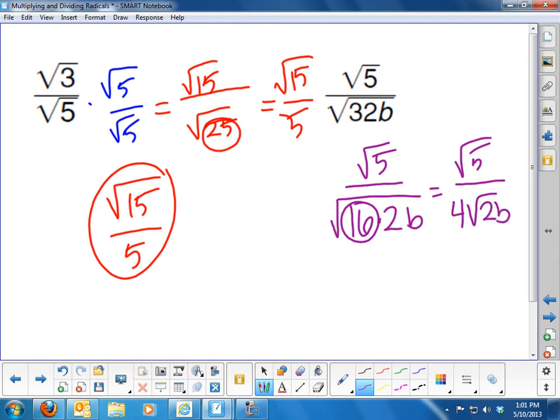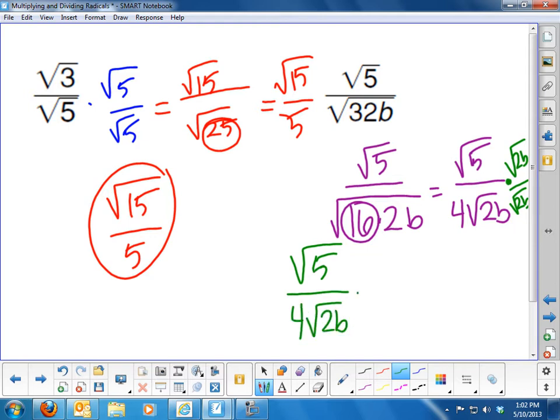Now, I have to get rid of that square root of 2b. Okay, you can't have it. So what would we need to multiply by to get rid of the square root of 2b? The square root of 2b. Sorry, that's really hard to see. I'm going to write it over here just to make sure you can see that. I have the square root of 5 divided by the 4 square roots of 2b.